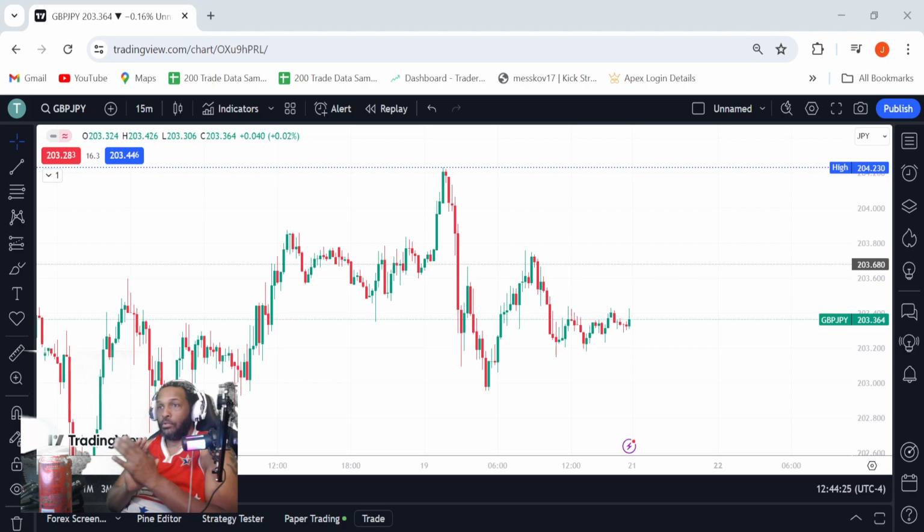So we'll just go with the very simplistic version: the initial balance is the price data that forms during the first hour of a trading session. Let's just stay there, because the additional information can send us down multiple rabbit holes, since it depends on what type of investor you are.